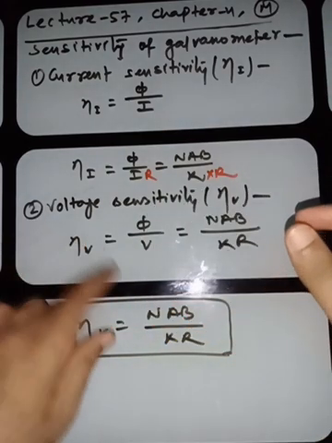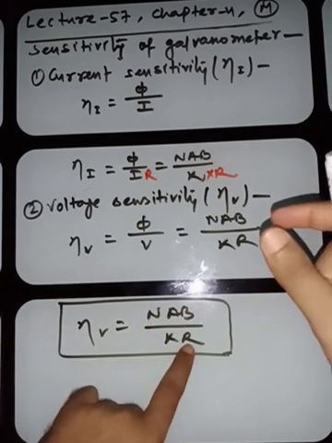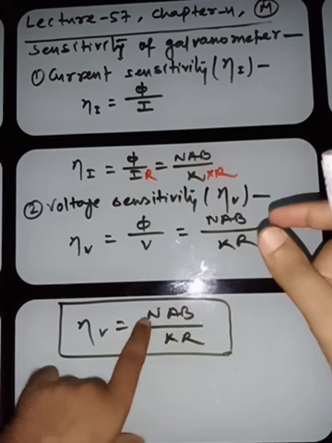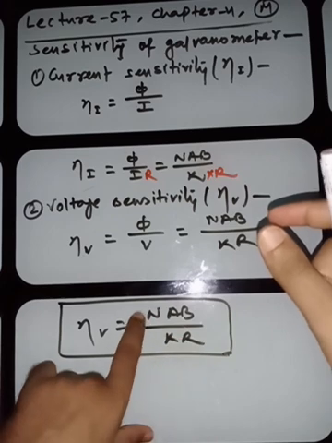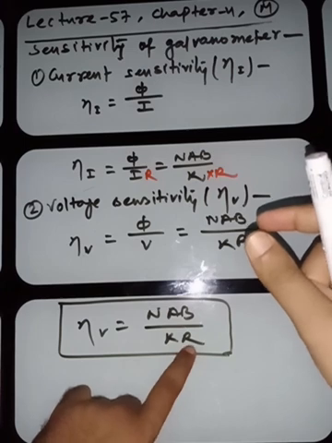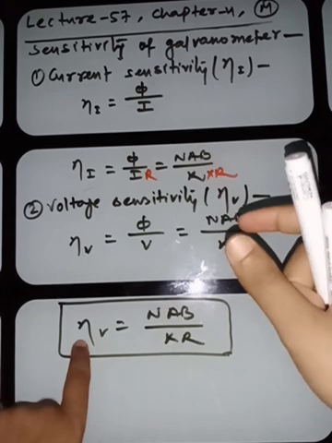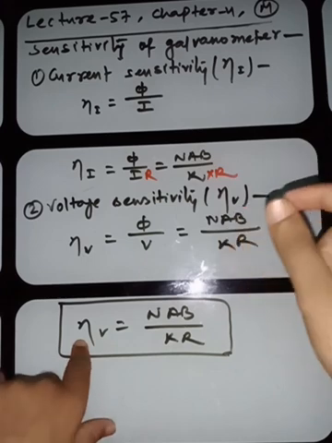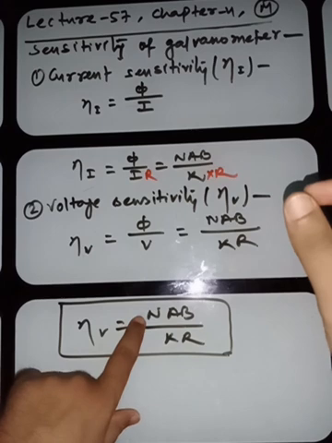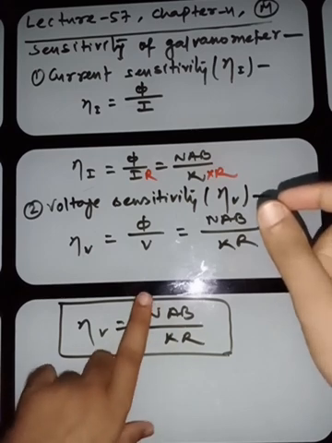And if you are increasing the length, you are increasing the resistance also, as we know that resistance is directly proportional to the length. It means increasing the number of turns, the resistance will linearly increase, and so there will be no effect on eta V, that is, on voltage sensitivity. So remember, by increasing the number of turns, you cannot increase the voltage sensitivity.